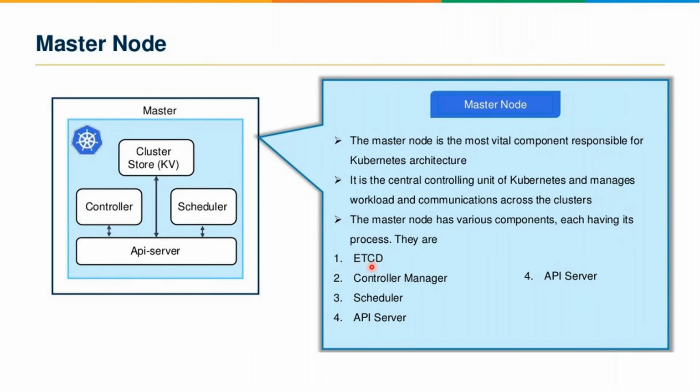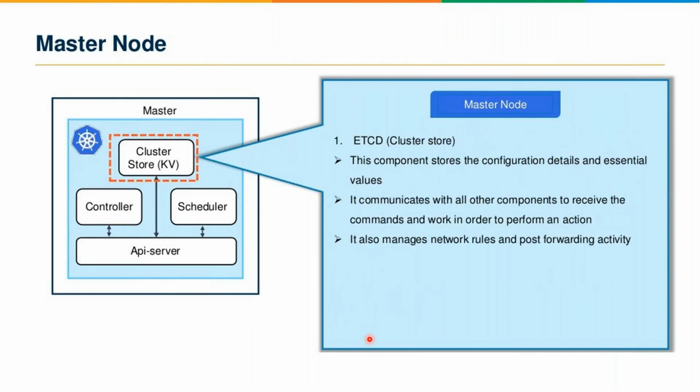First one is etcd. etcd is a cluster store, so we can call it the etcd cluster store. Second one is the controller manager. Third one is the scheduler. Fourth one is the API server.